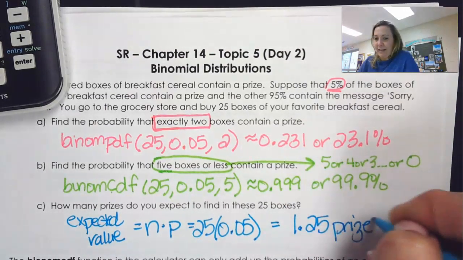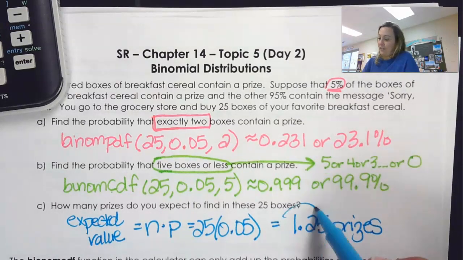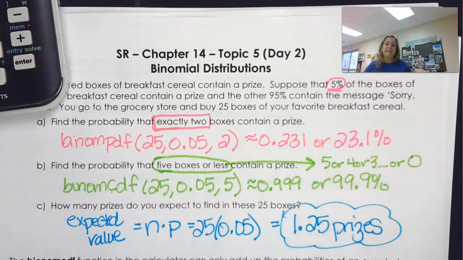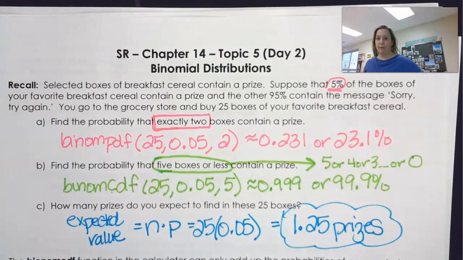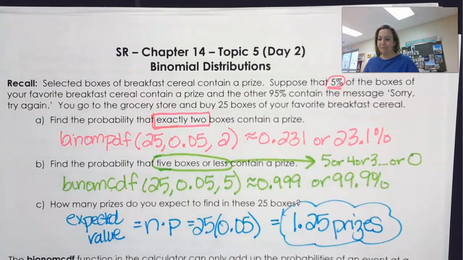I understand that we can't have a fraction of a prize, but this is like a mean. The expected value is like the average prizes that you would expect to have. So we do include the decimal for that. So we would say that our expected value would be 1.25 prizes.